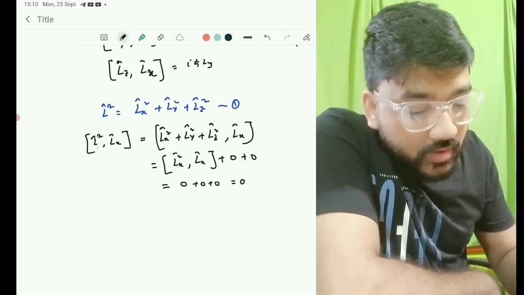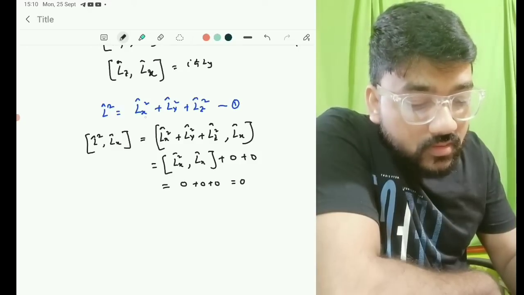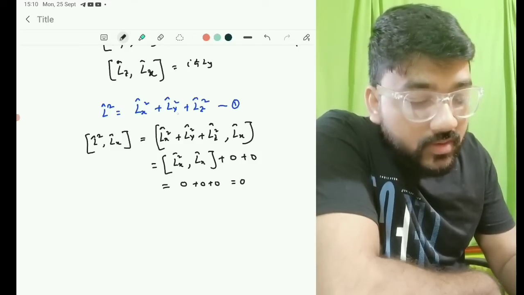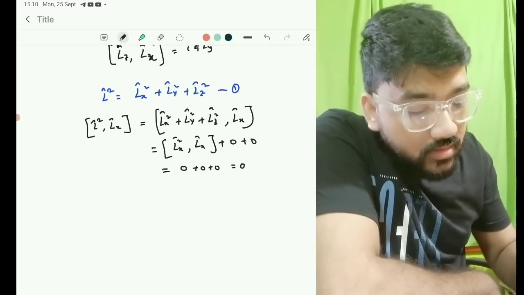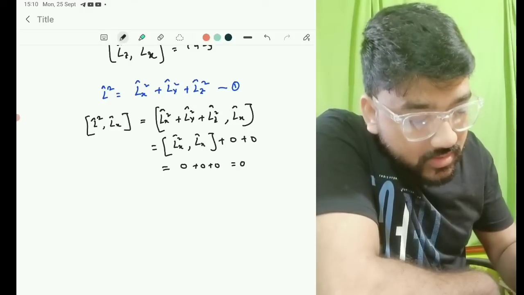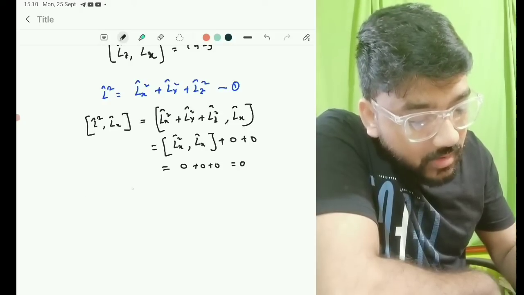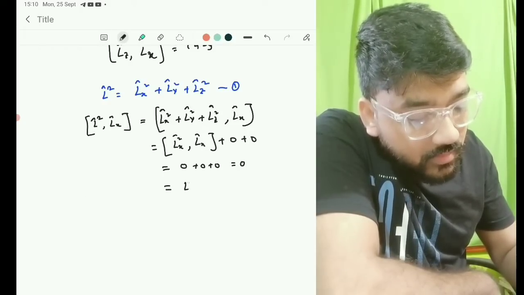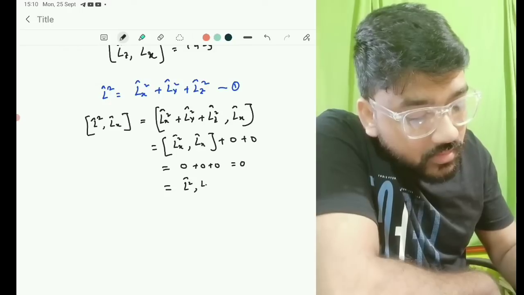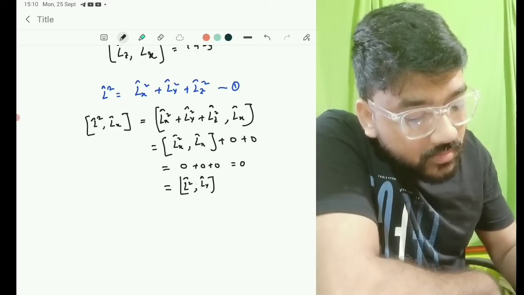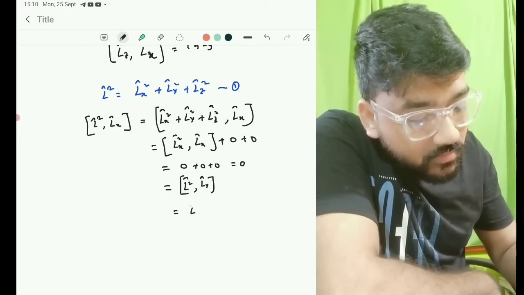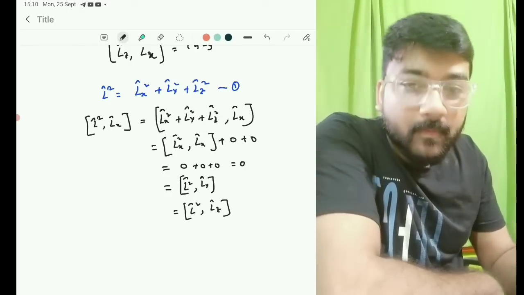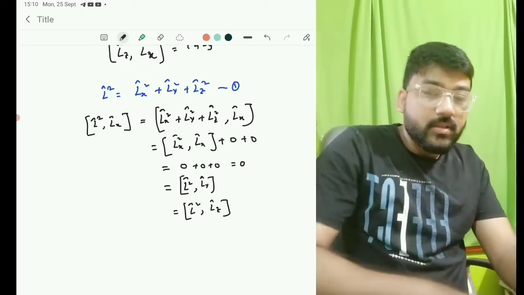So the L square operator with any of these, whether Lx, Ly or Lz, will always give you a 0 result. So you can write the L square operator with Ly cap, and the L square operator with Lz cap, and these give you the same result.